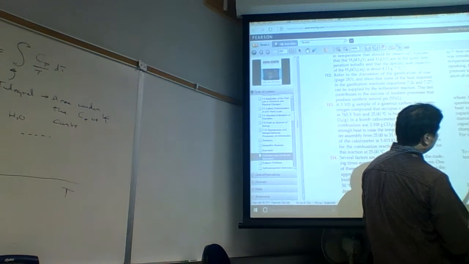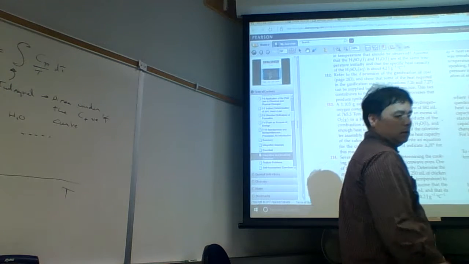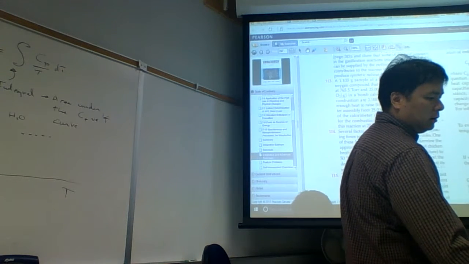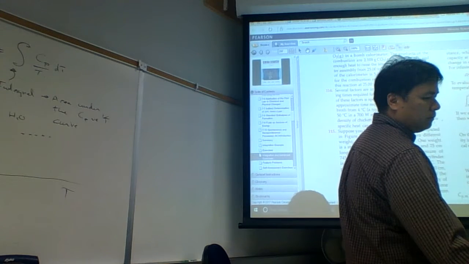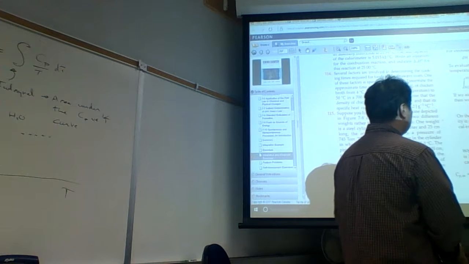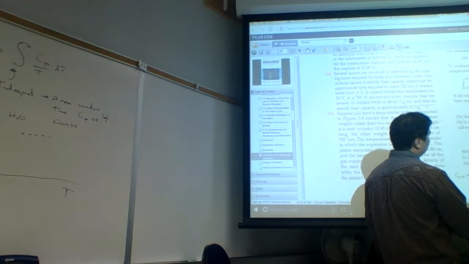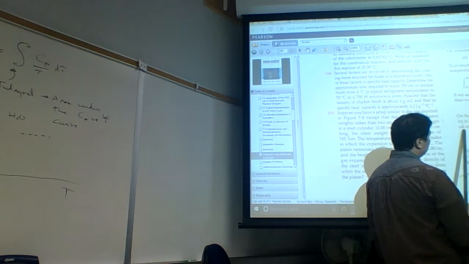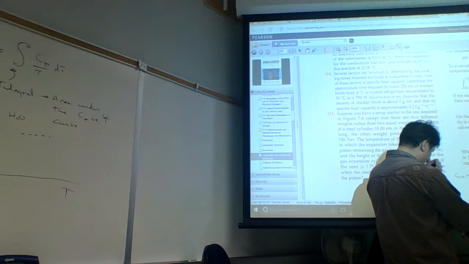This is a similar equation to the one we were looking at earlier. But let's continue on down here. On the other hand, we often find that the heat capacity is a function of temperature. A convenient empirical expression is the heat capacity is equal to A plus BT plus C over T squared.